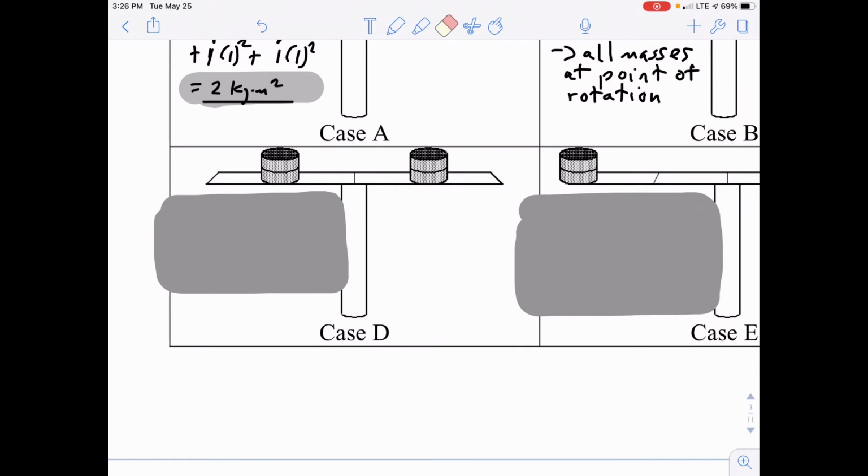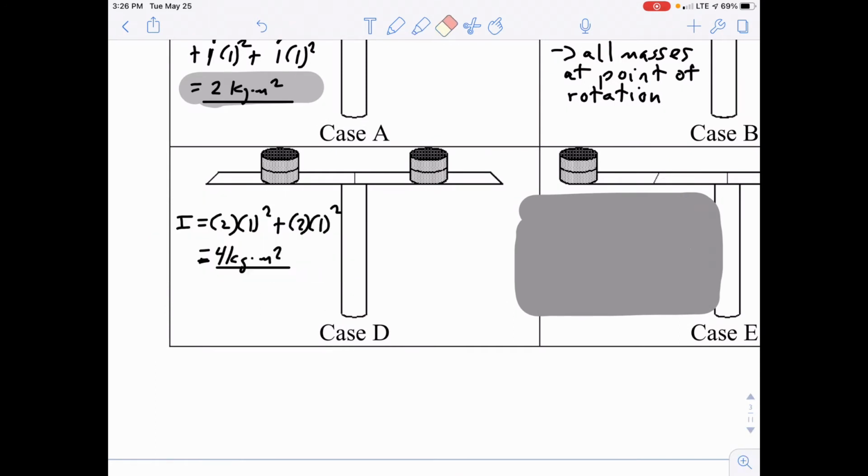Case D. You have 2 stacks at the end, so this would be not 1 but 2 mass units, 1 distance unit away squared, plus 2 mass units times 1 distance unit away squared. 1 squared is 1 times 2 is 2, plus 1 squared is 1 times 2 is 2, for a total of 4 kilogram meters squared.